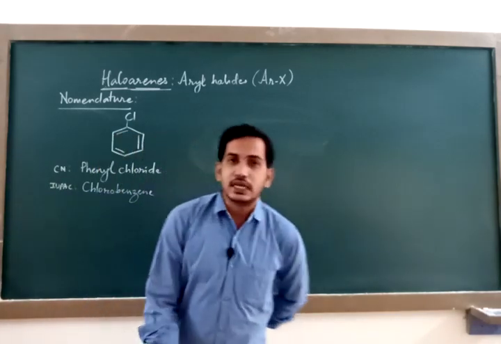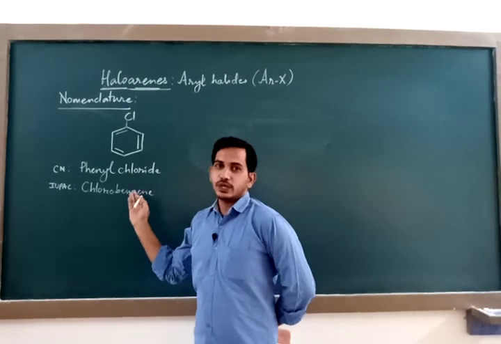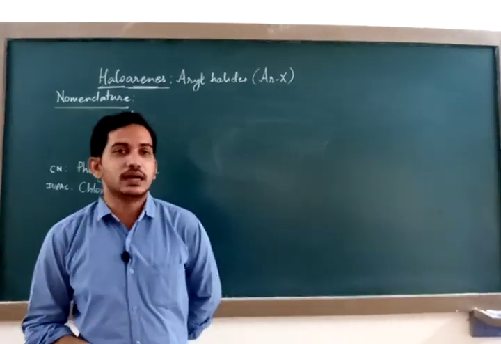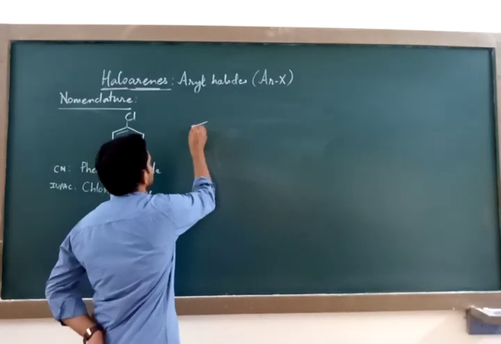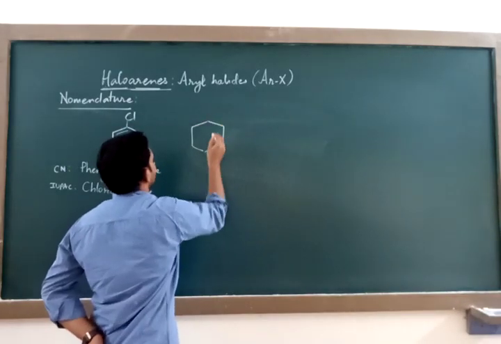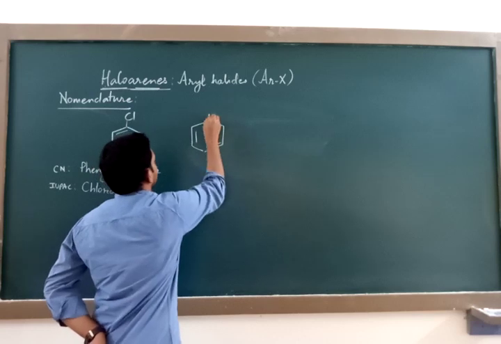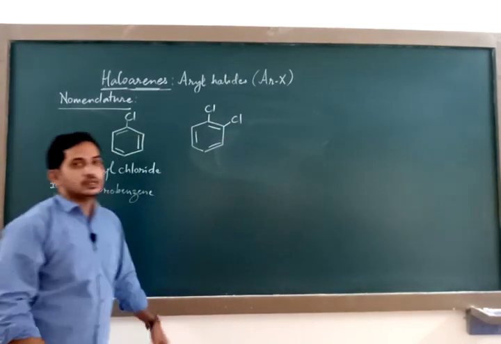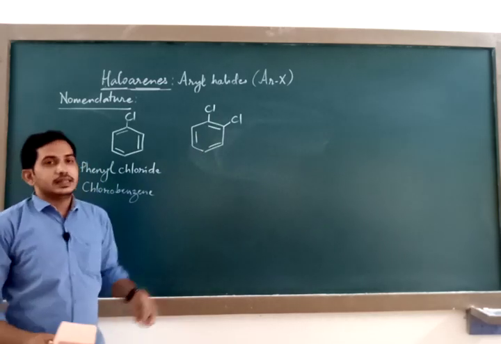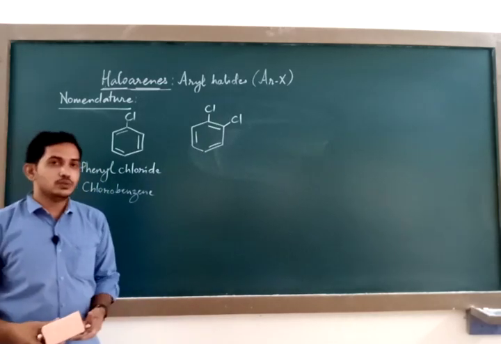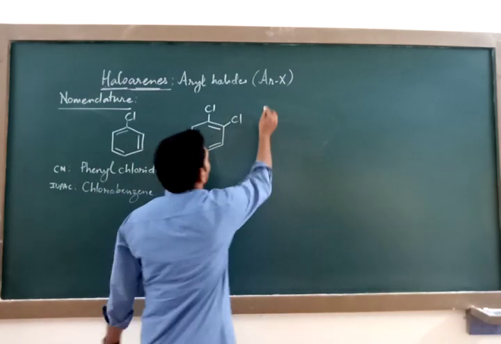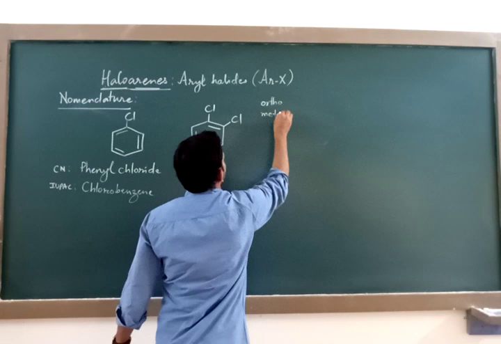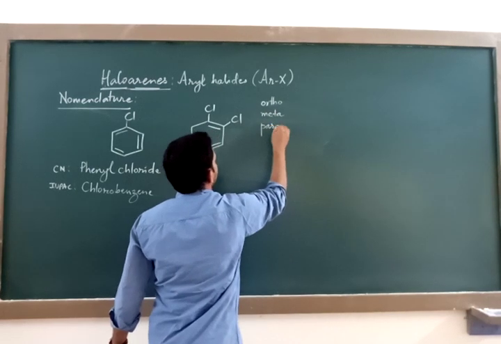These names are the same for all the halogen substituted derivatives of benzene. If there are di-substituted benzene derivatives, if two halogens are present, then in the common naming system we use special prefixes like ortho, meta and para.